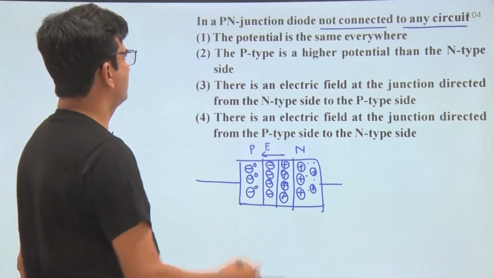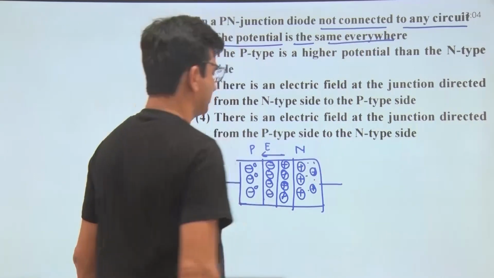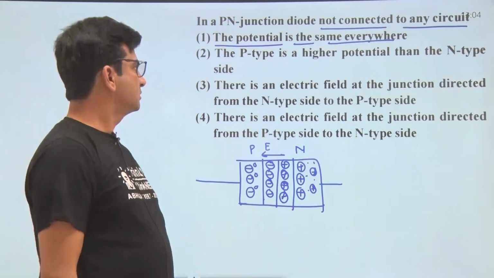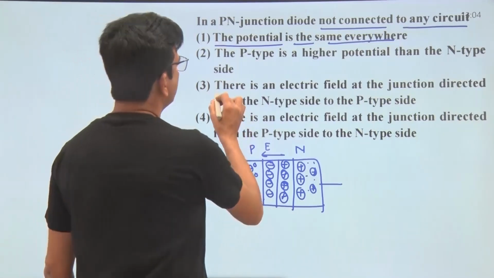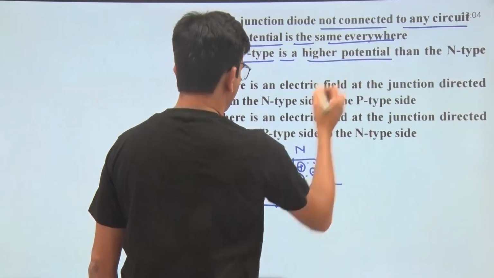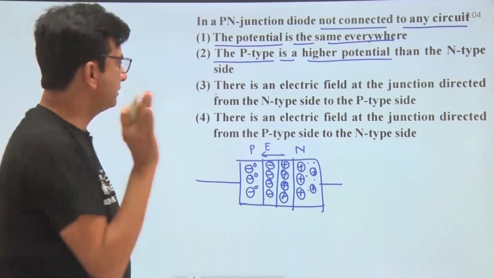Now, first one says the potential is the same everywhere. No, potential here is the potential barrier. So first is not correct. Second one says P type is at higher potential. No, P type is at lower potential. So second is also incorrect.